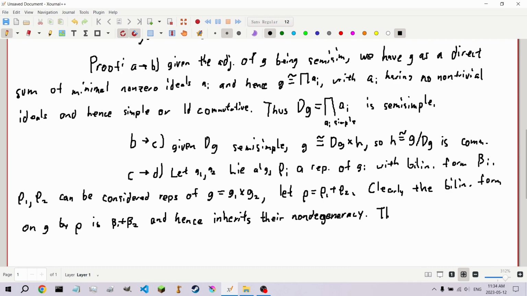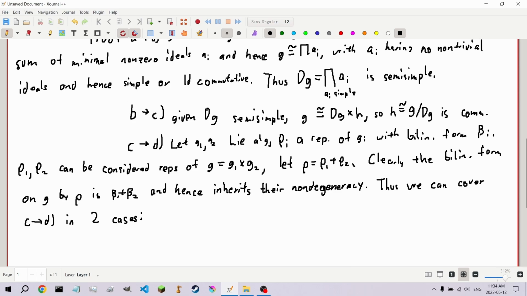Thus, we can cover C to D in two cases. First case is where G is semi-simple.